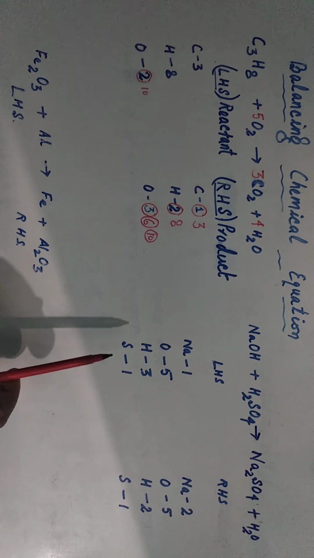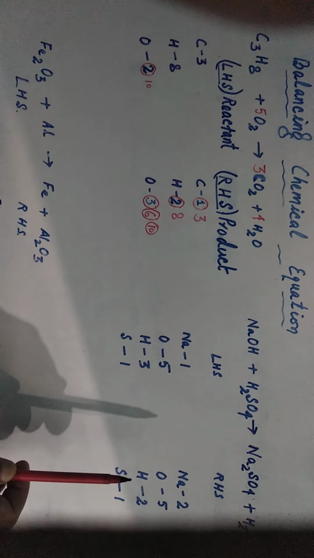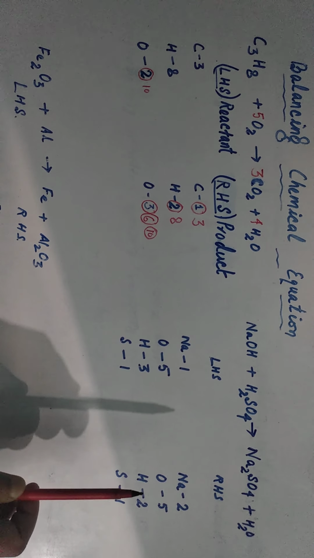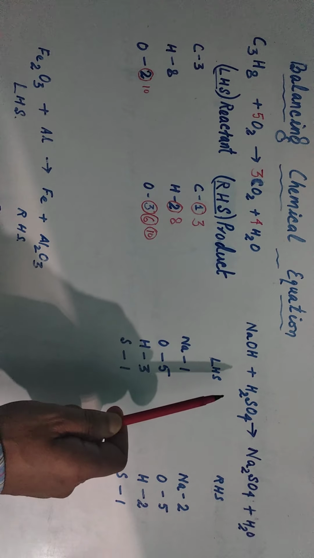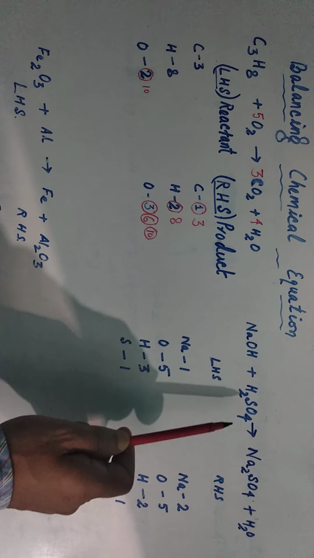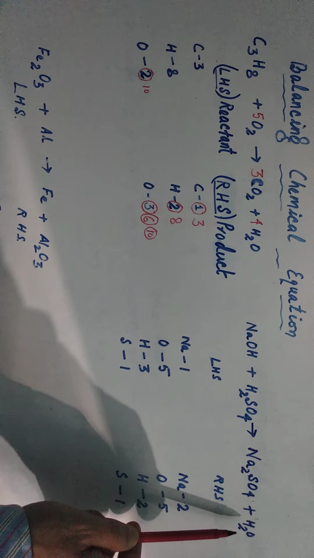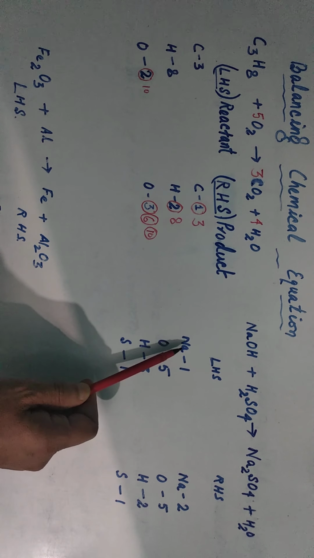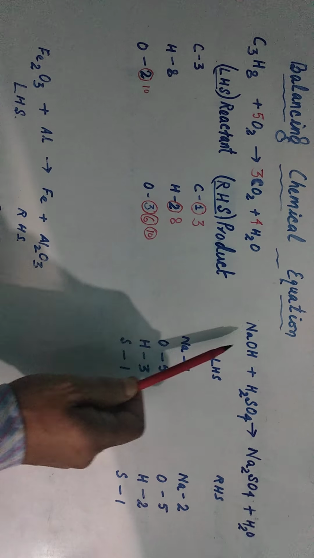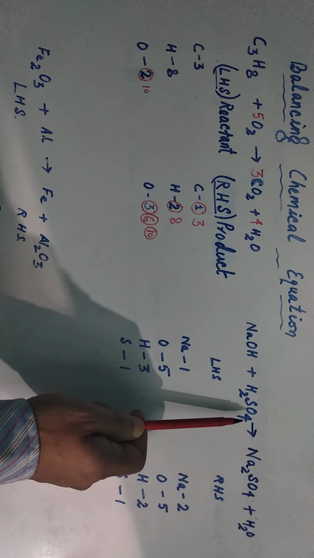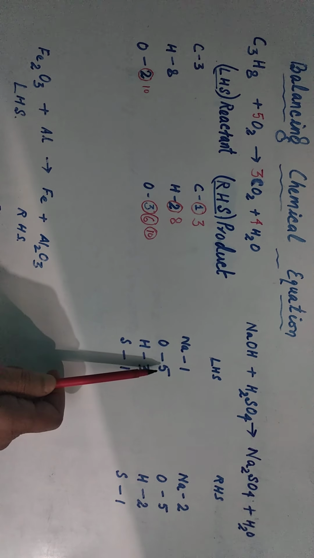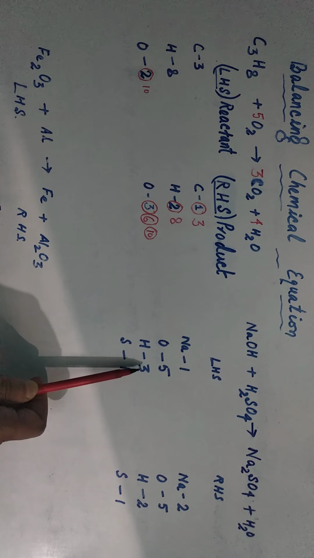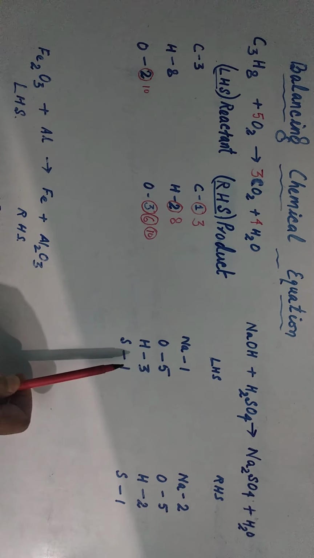Now let me take another example, that is when sodium hydroxide is reacted with sulfuric acid, it forms sodium sulfate and water. Dear friends, on the left hand side I have sodium 1 atom, oxygen 4 plus 1, that is 5 atoms, hydrogen 2 plus 1, that is 3 atoms, and sulfur 1.